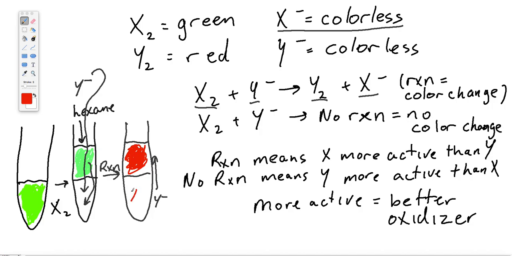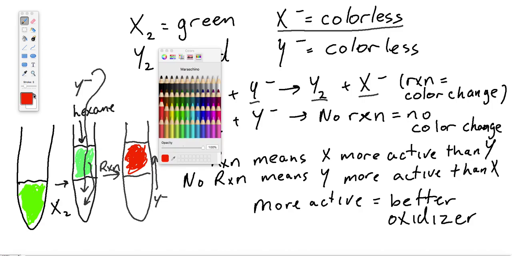So as I said here, I changed the color there. What's going to happen here is that X2 would actually turn into X minus. So that was X2 up the top there, and now it turns into X minus, which is colorless, and it's going to be on the bottom layer.